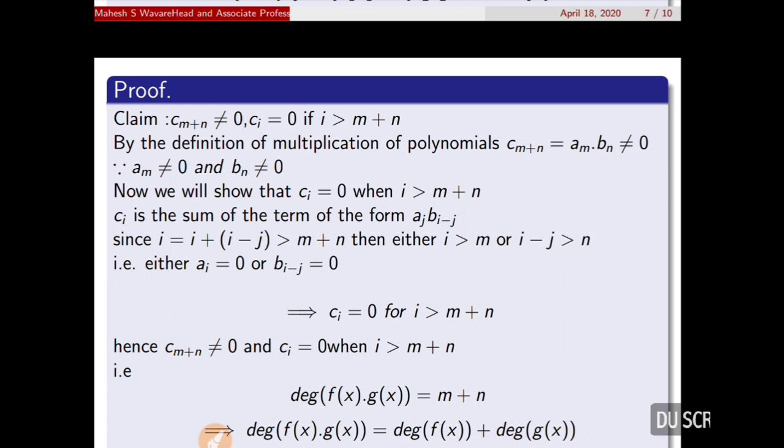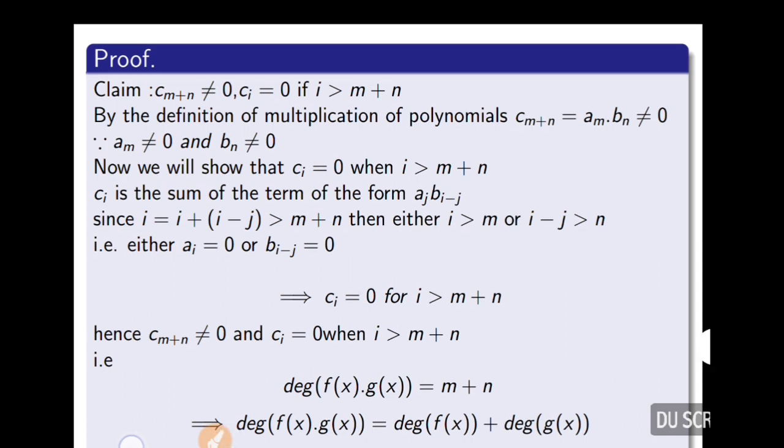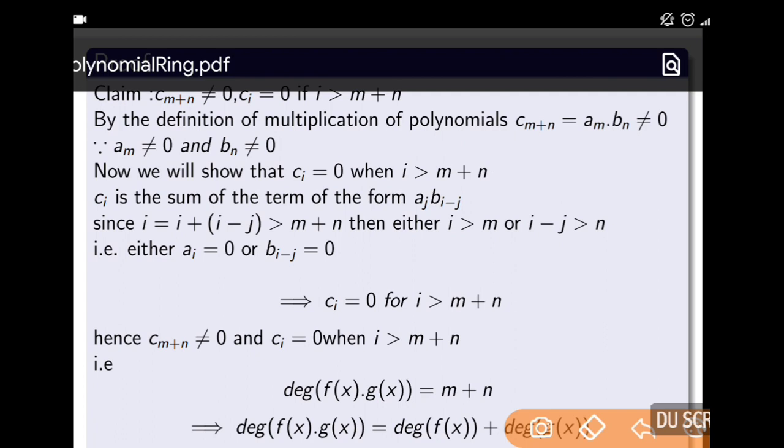c_{m+n} will be, the first term will be a_{m+n} b_0, which will be 0, then a_{m+n-1} b_1, up to a_{m+1} b_{n-1}. Before this expression, look at here, a_m and b_n.